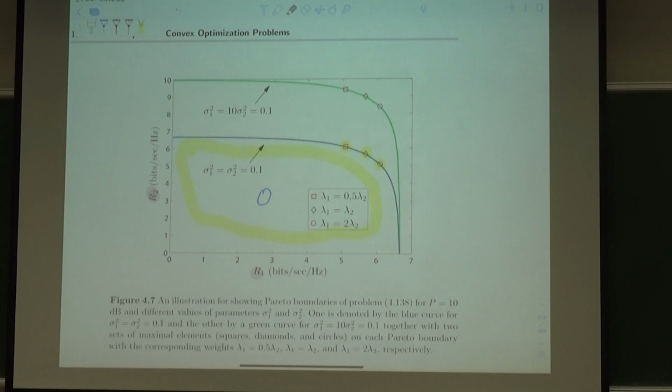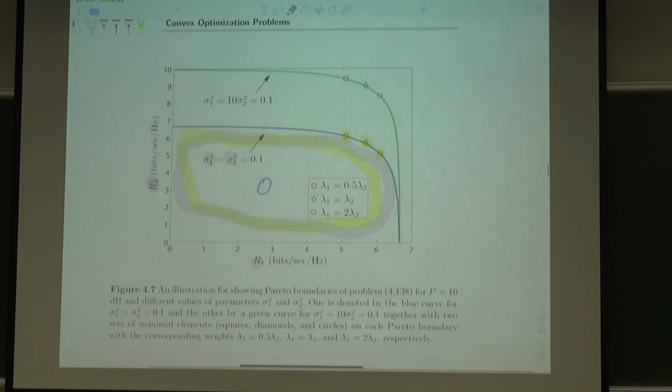When you are given the channel conditions, for example sigma 1 squared and sigma 2 squared equal to 1, you will get the origin O here. Then you choose a line. What is the line? You choose lambda 1 as half of lambda 2, and you get this.